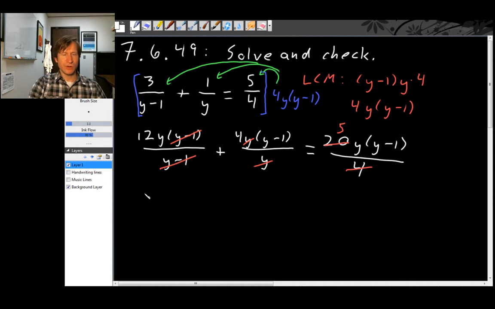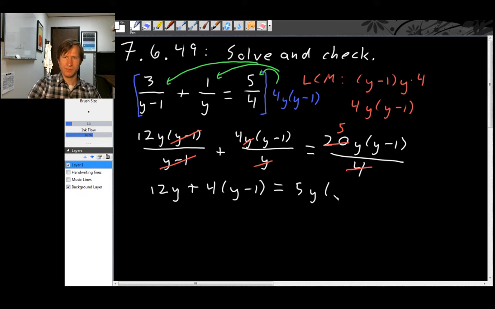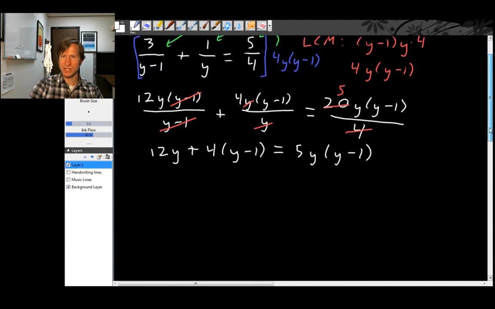All right, so clearing away all the stuff we canceled, we have 12y plus 4 times y minus 1 equals 5 times y minus 1. Okay, so now this equation doesn't have any rational expressions left.